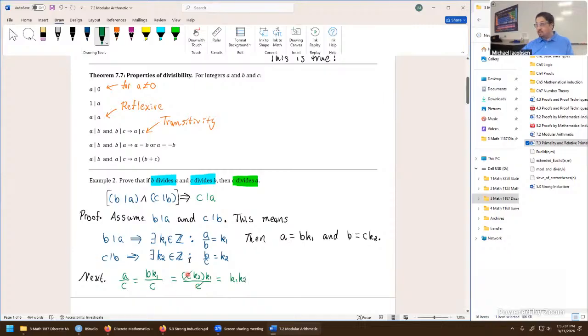Then we use closure of the set of integers under multiplication. K1 and K2 were integers to begin with. Multiplying integers gives you an integer, so we can say this is an element of Z. But that tells us, well, that's just the format of what we mean by C divides A. We did the division, we have an integer result, and so now this tells us that C does in fact divide A.